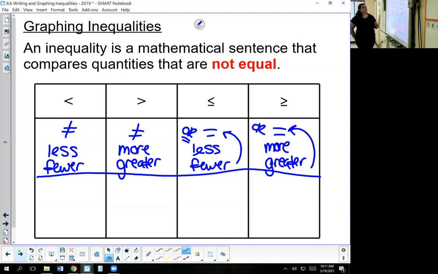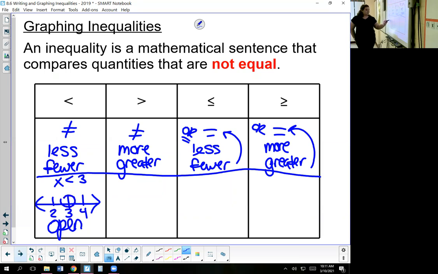Okay. Now, I mentioned something about open and closed circles. So for instance, since these are not equal to something, if I looked at a number line and I said x is less than, I don't know, I'll use 3 again, then in this case, this would be an open circle, because if this is 3, this is 4, and this is 2, one lower, one higher, that's kind of how I do it.